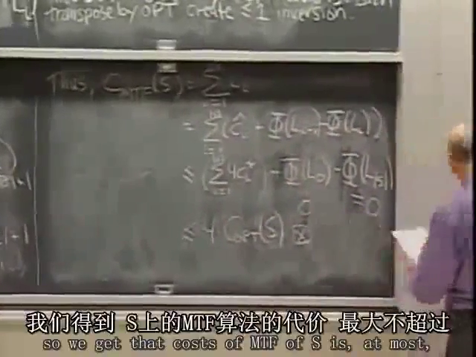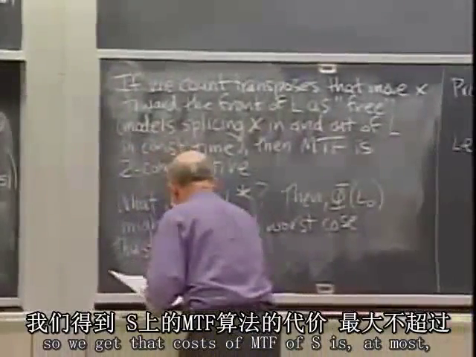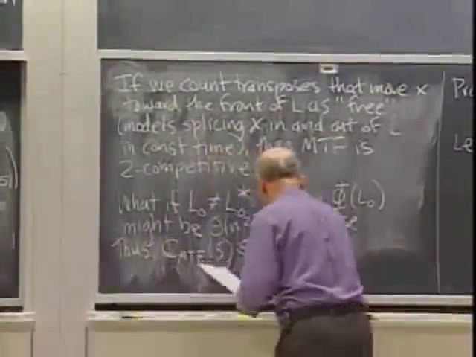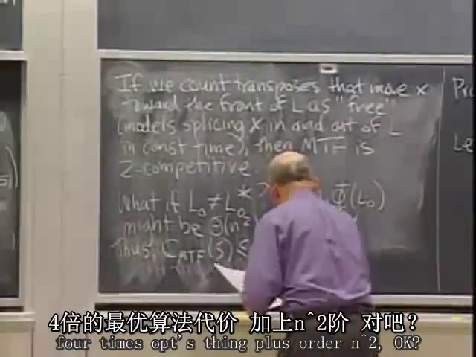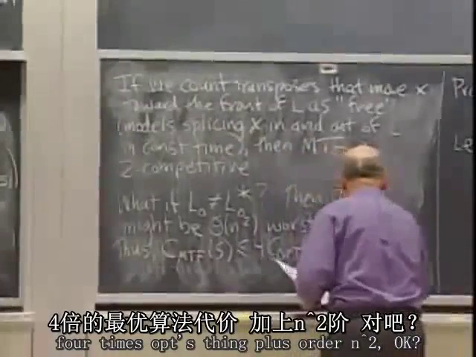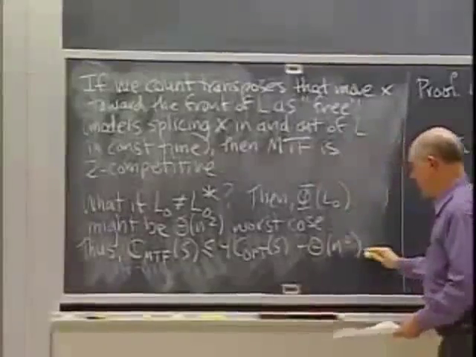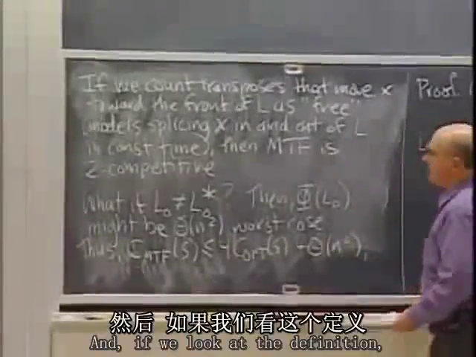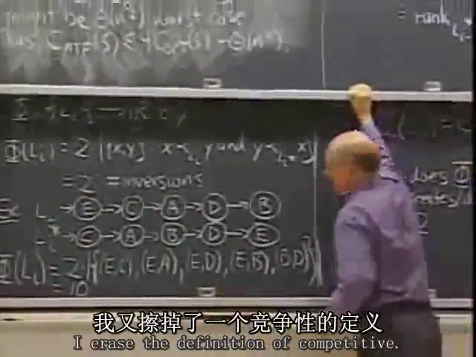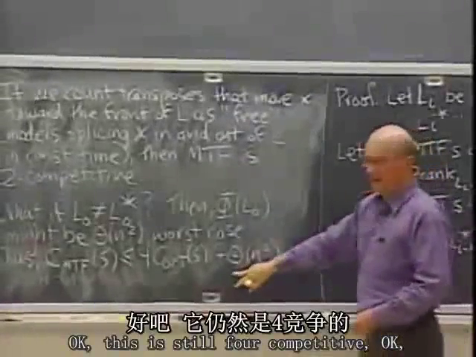So we get that the cost of MTF of S is at most 4 times OPT's cost plus order n squared. And if we look at the definition, did we erase it already? Erase the definition of competitive. This is still 4-competitive.